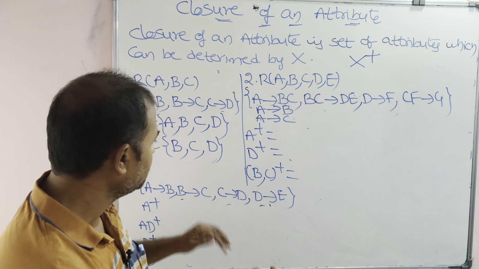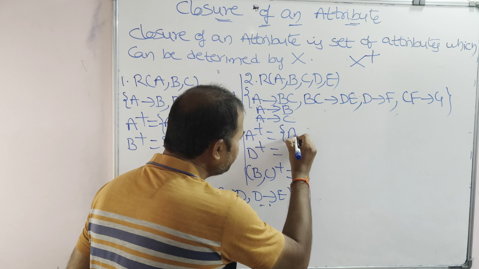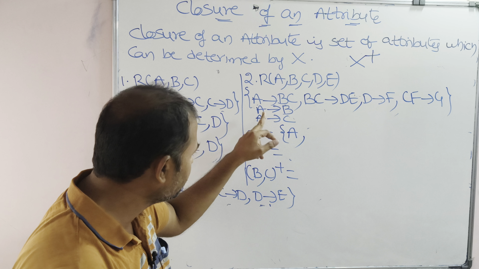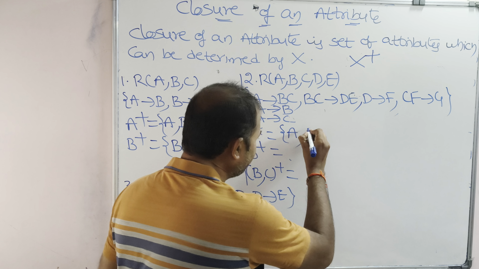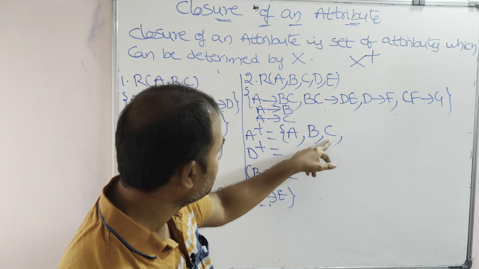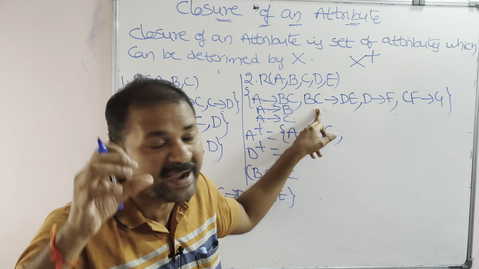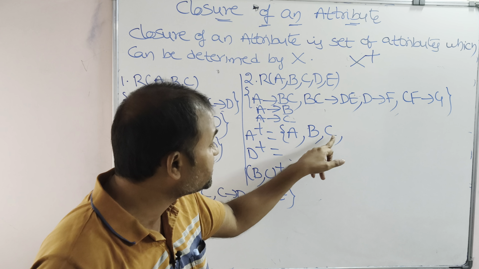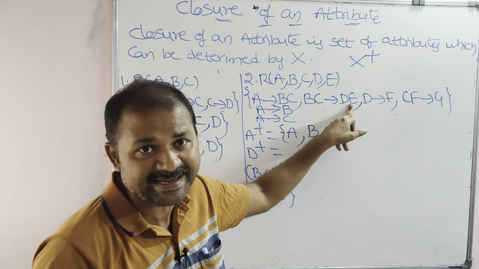Decomposition. Let us find A plus. The closure of any attribute is itself. A can determine, here we have A. A can determine B as well as C. So let us write B and C. Here B as well as C combinedly can determine DE. If we have only B, then we can't write DE.